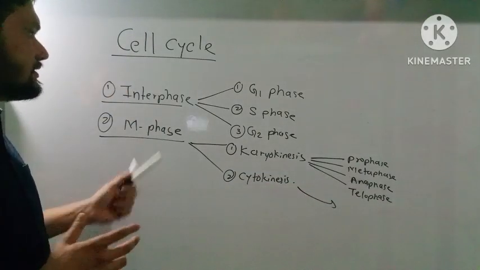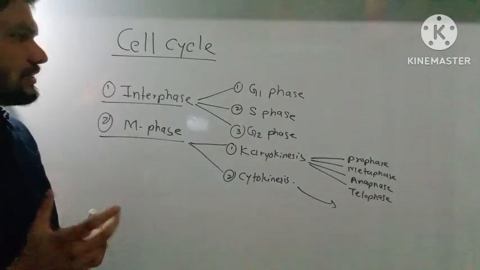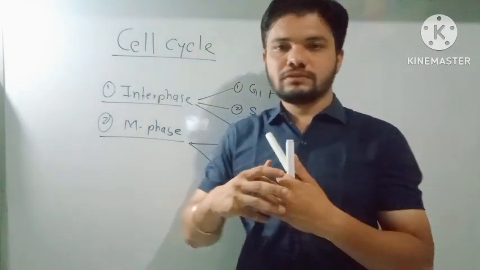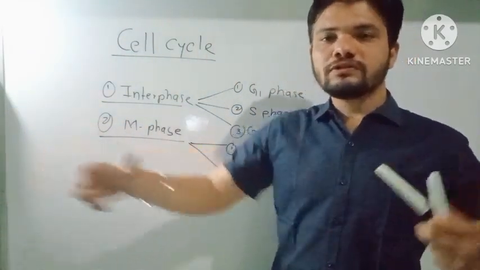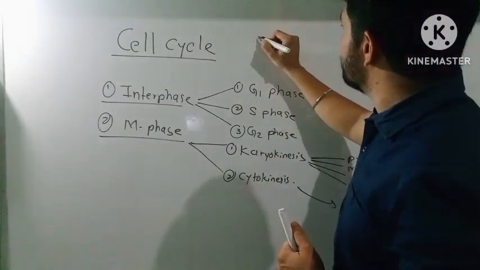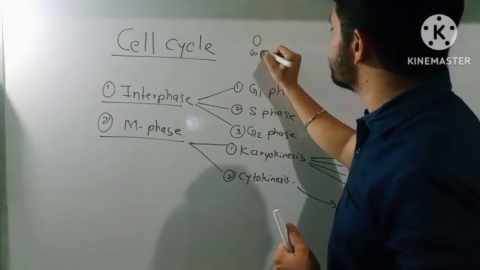So, what is G1 phase? G1 phase is the first phase of interphase, when the cell gets born and is produced from the pre-existing cell. Suppose a new cell is produced and it is in G1 phase.